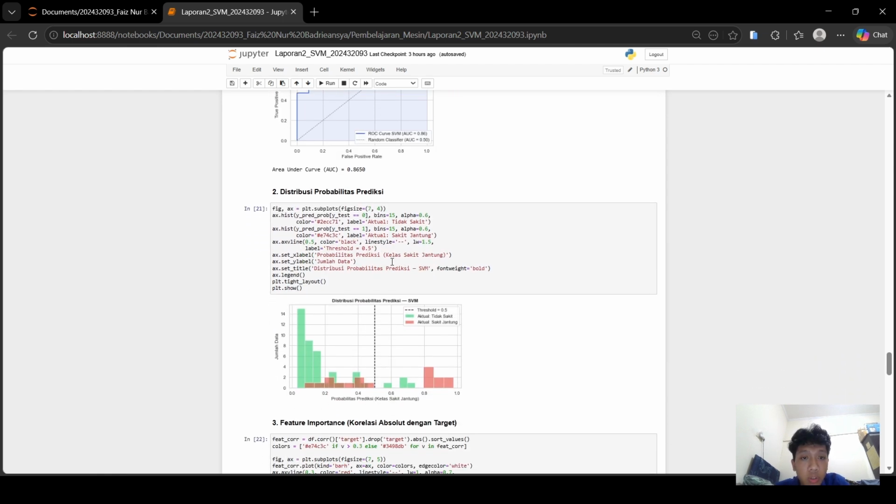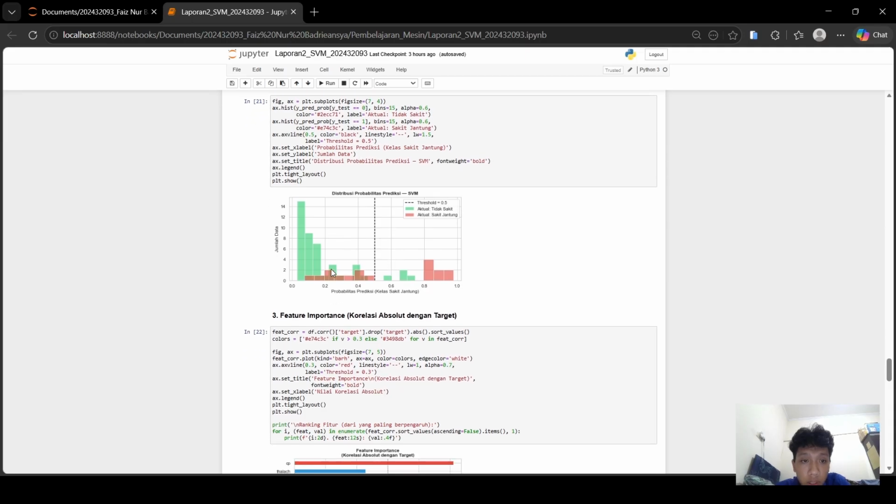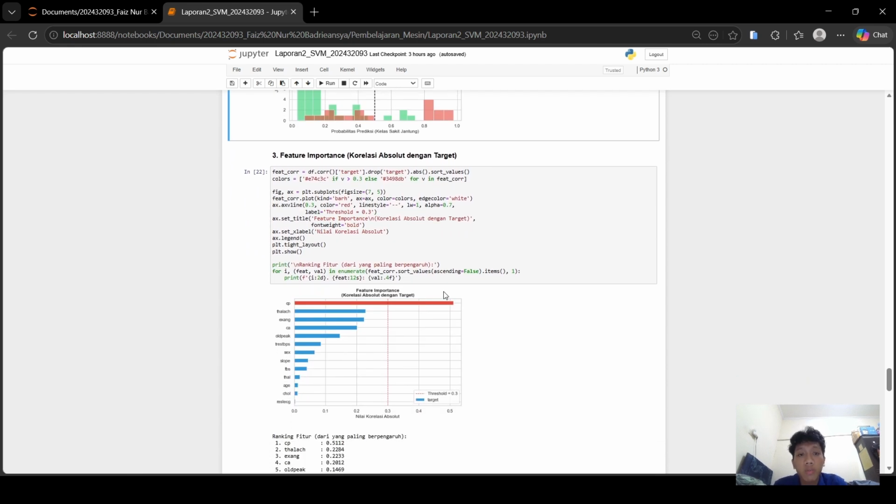And then the distribution of prediction probabilities. In the report, green is not sick, and the red is with heart disease. And we have the report of feature importance.